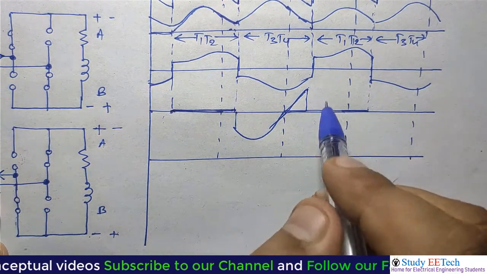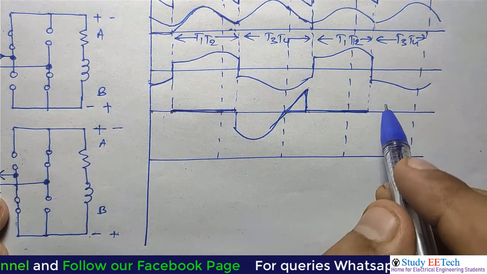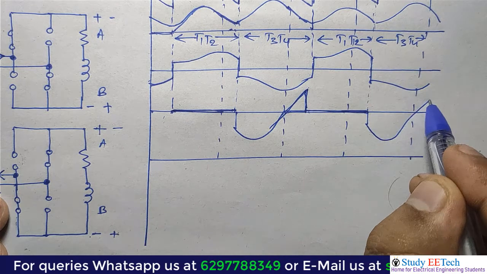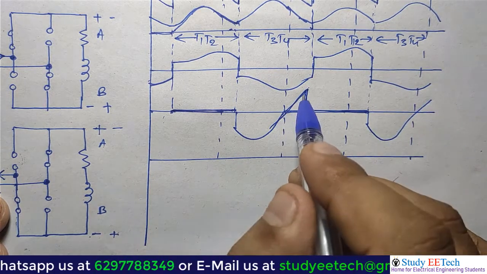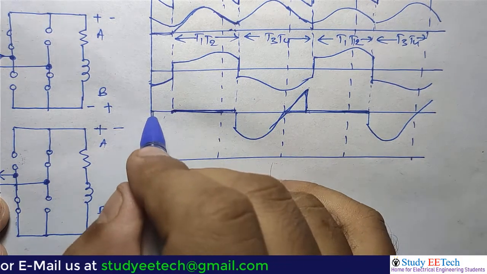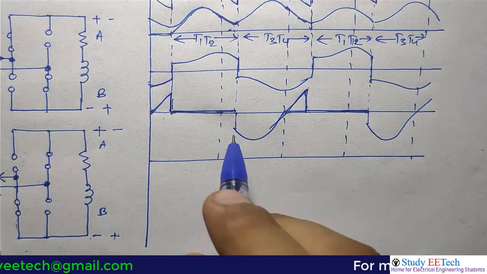Okay, then again this should be this waveform, and again it will be here. Just because, look here, there was a positive voltage, so it will be the positive voltage here if we take the general one or the steady state.